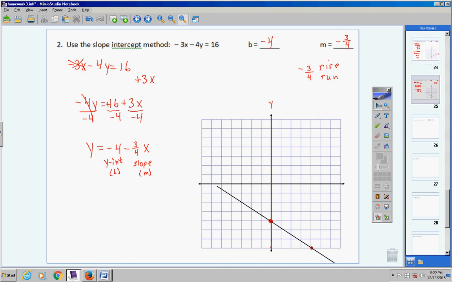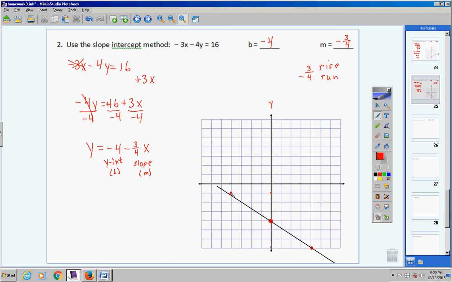Alright. Now, what if I would have put the negative sign here in the bottom? Okay, no problem, watch this. Start here at your y-intercept. Your rise number is positive, so go up 3. 1, 2, 3, okay? Now your run number's negative 4, so go over to the left. 1, 2, 3, 4. Now look, is the line barely off a little bit? Yeah, because guys, I'm human, you're human. Your lines aren't going to be perfect, okay?